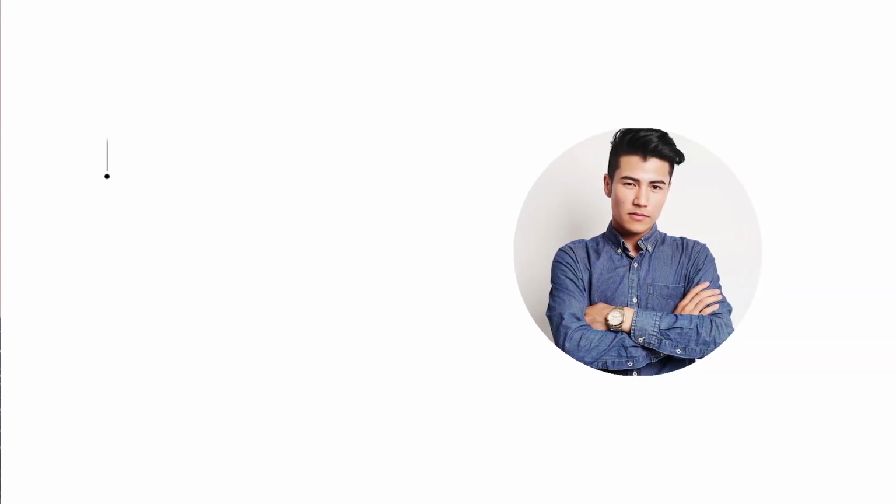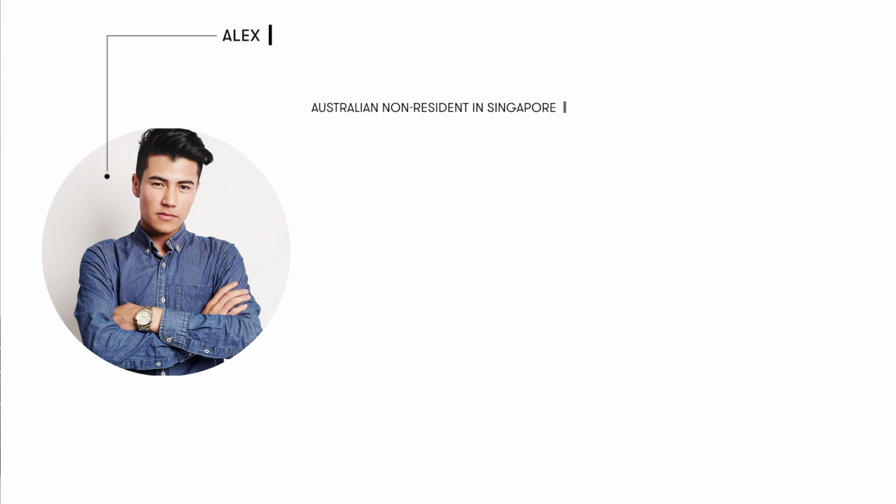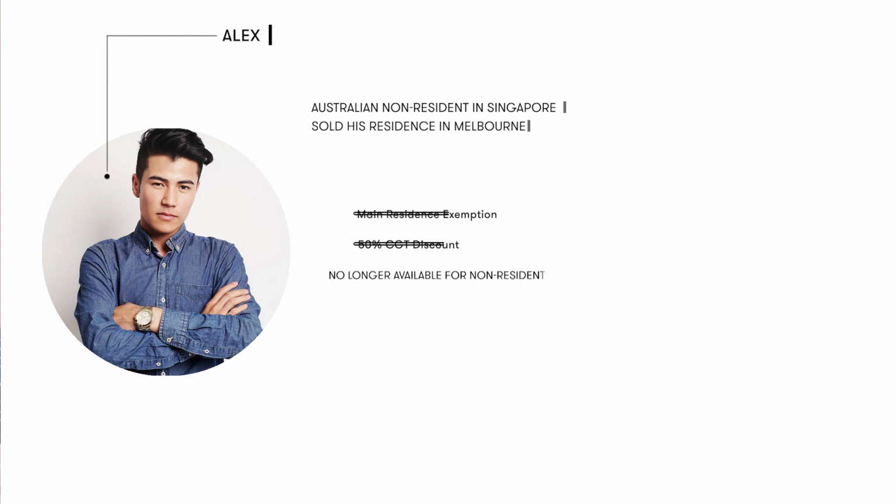Next example, we've got Alex here. So Alex is an Australian non-resident living in Singapore. Alex has a main residence in Melbourne, which he just sold, that was rented for the last few years. So since the main residence exemption and also the 50% capital gains tax discount are no longer available for non-residents, Alex must pay the full tax on that capital gain.